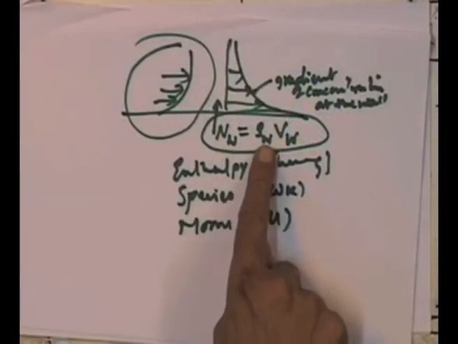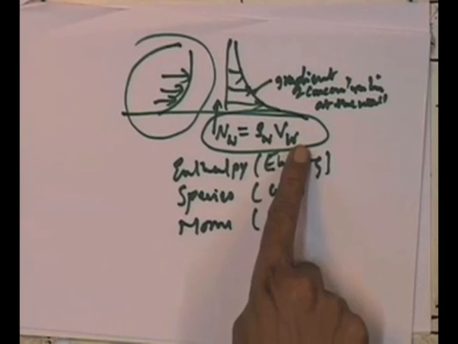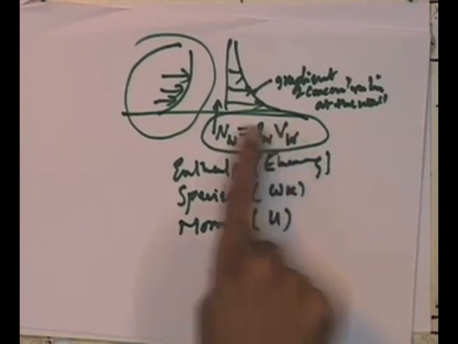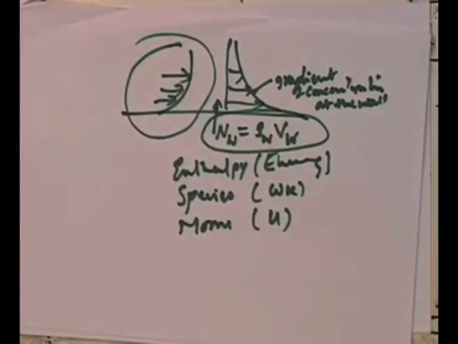And the coupling arises through a source term in the momentum equation, not through the boundary conditions. In a mass transfer problem, the coupling between momentum and the mass transfer equation and the energy equation arises through the boundary condition, which specifies Nw, the mass flux, as rho w times Vw, and Vw is a boundary condition for the momentum equations.